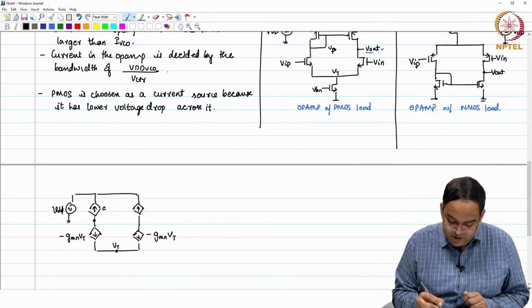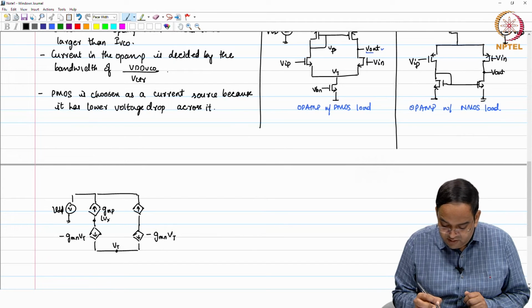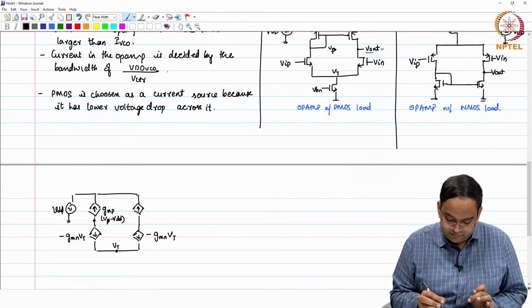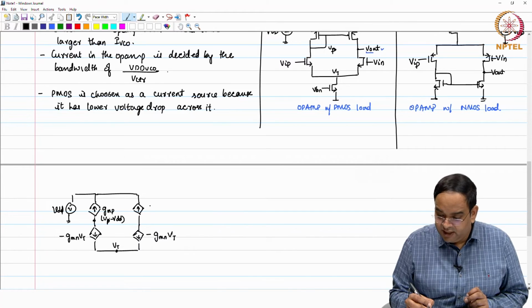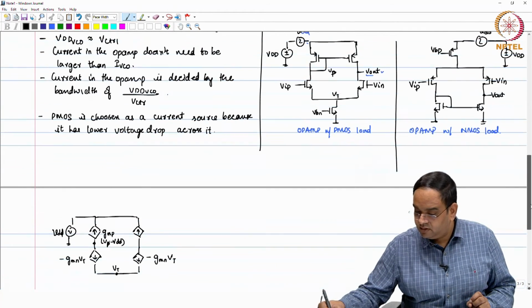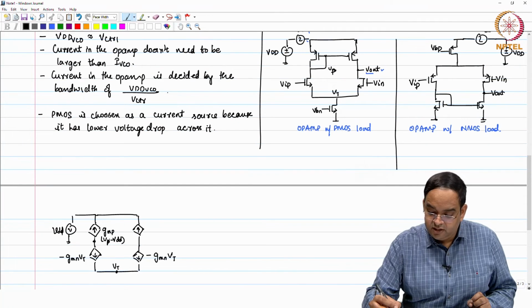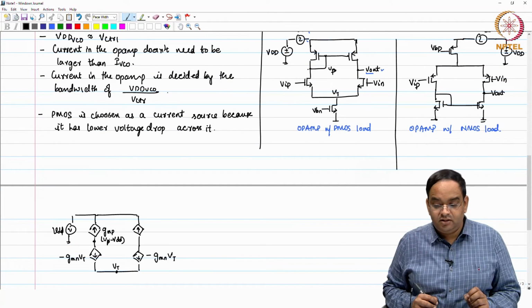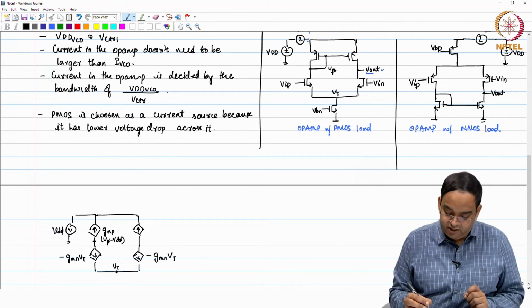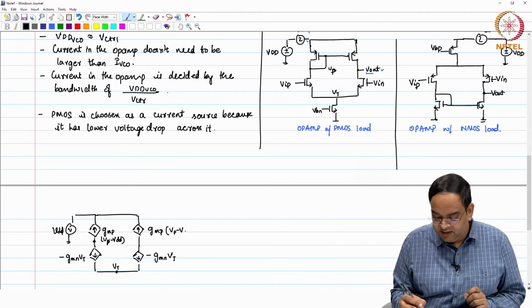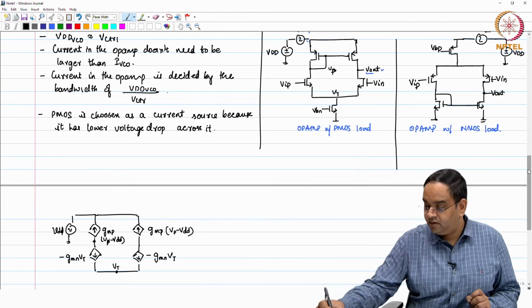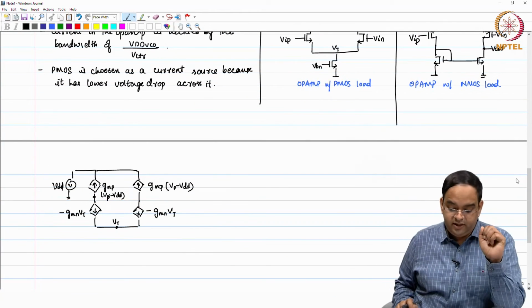As per the PMOS, this is GMP times Vp minus VDD. Vp is this voltage, VDD here you have, and because the drain and gate both are shorted, this is also going to be GMP times Vp minus VDD. So, you can have this.